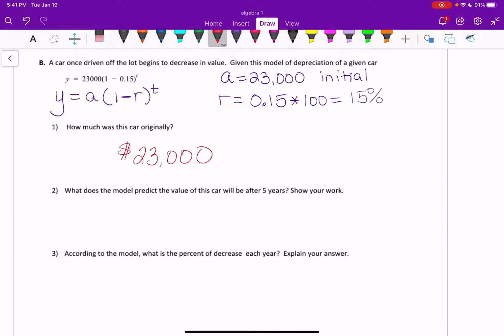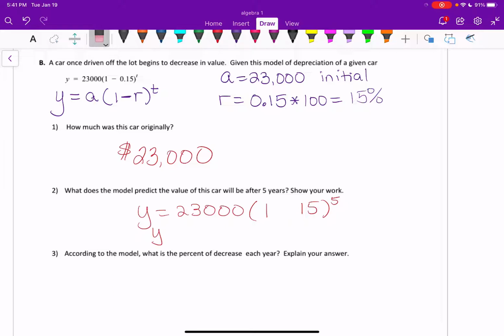Then it says, what does the model predict the value of the car will be after 5 years? Here we go y equals, it already has it written out for us, 23,000 times 1 plus 0.15, raised to the 5th power. It does say show your work, so make sure you're at least writing this down. Hopefully you saw my mistake.